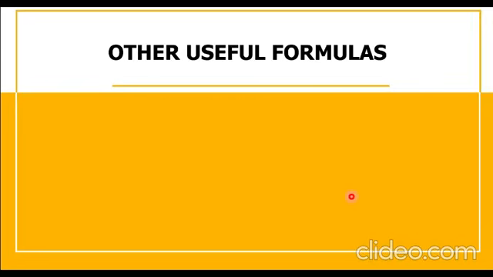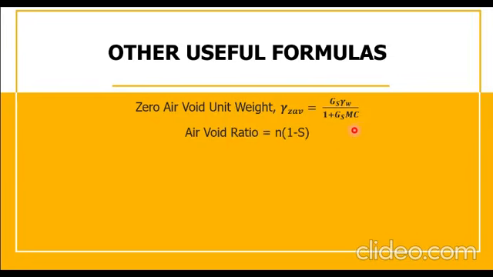So there are also other useful formulas in soil mechanics. These are the zero air void unit weight. It's equal to GS multiplied by unit weight of water over 1 plus GMC or G omega. Air void ratio is equal to N times 1 minus S, or degree of saturation. This is porosity.